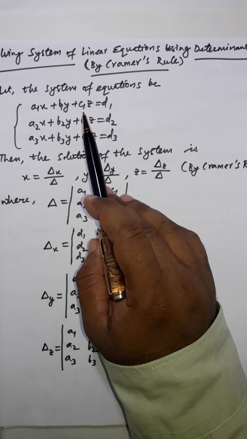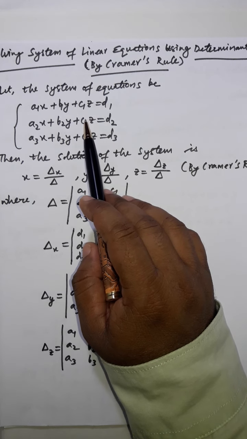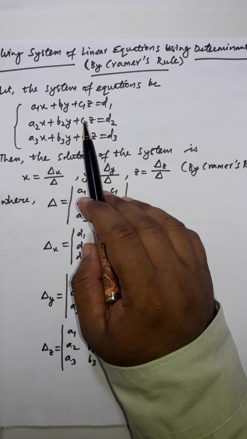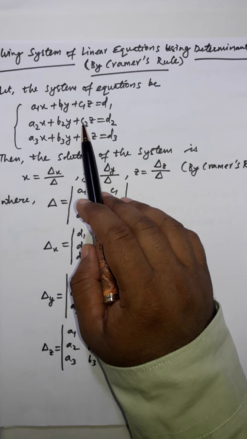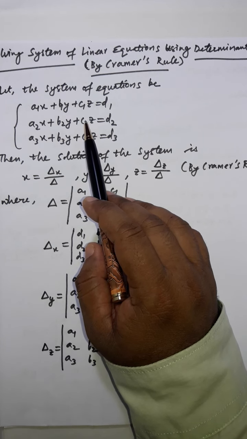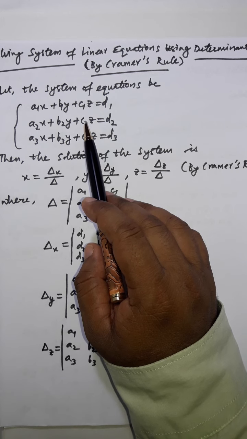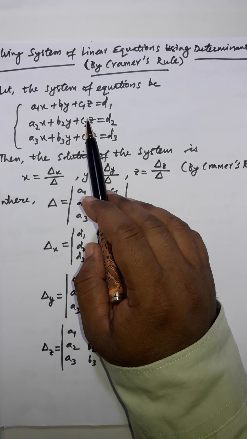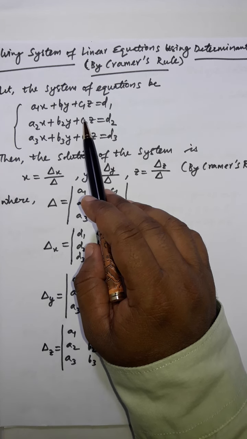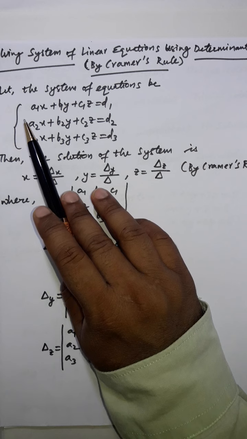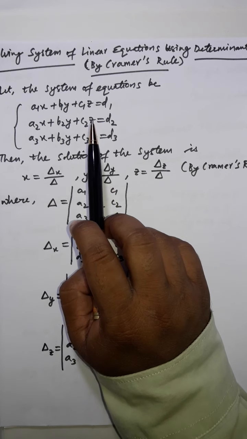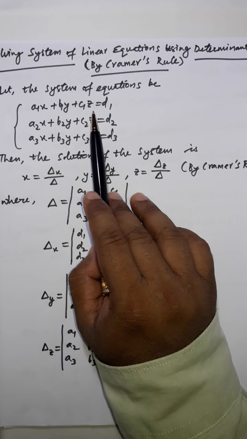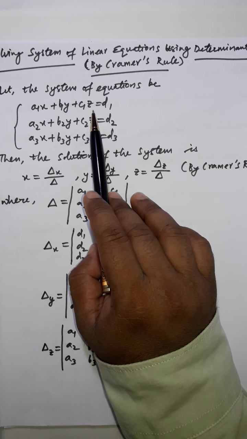A system of equations means more than one equation combined together, and you are looking to find a common solution for the variables used in the equations. That is called a system of equations. Now, an equation is called linear if the power of the variables used in the equations is always 1.